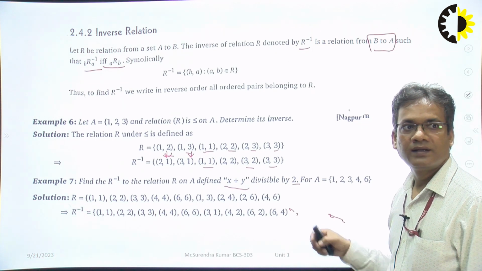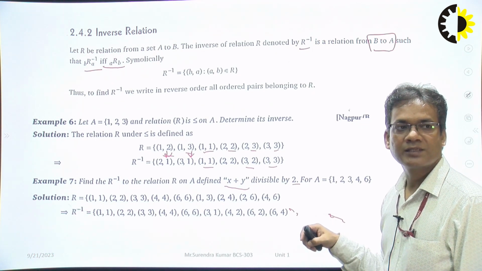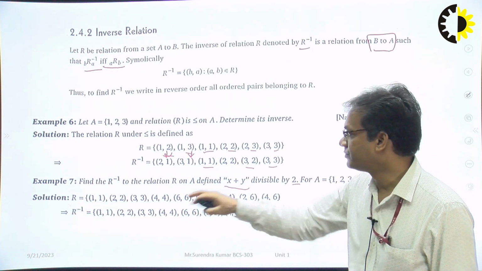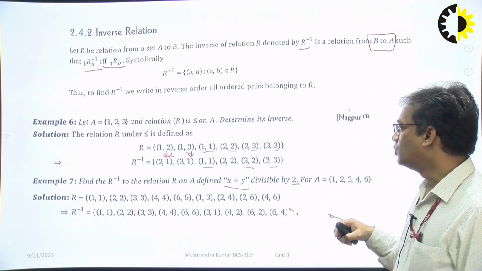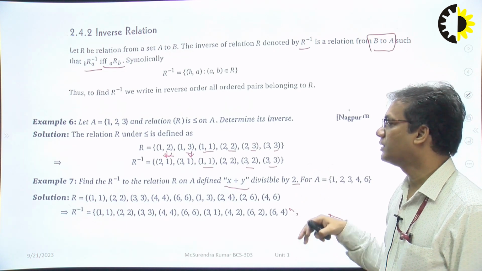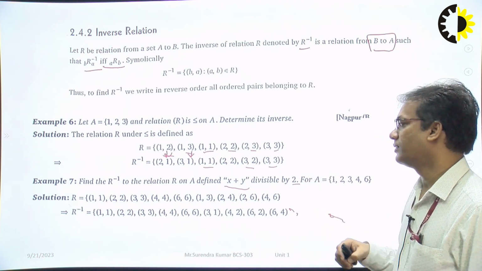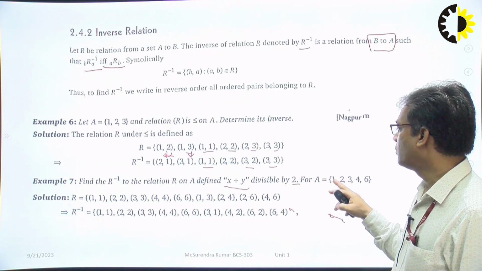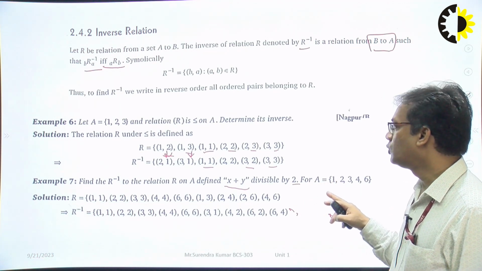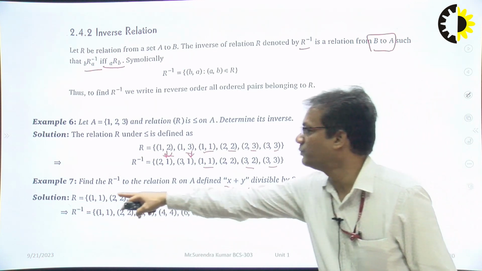Now the relation is x plus y divisible by 2. So how can you find the ordered pairs? We take x plus y: 1 plus 1 is 2 and 2 is divisible by 2, which means the pair (1,1) will be there.